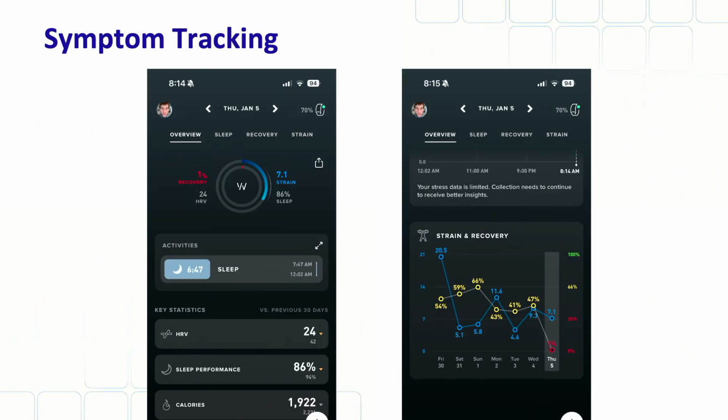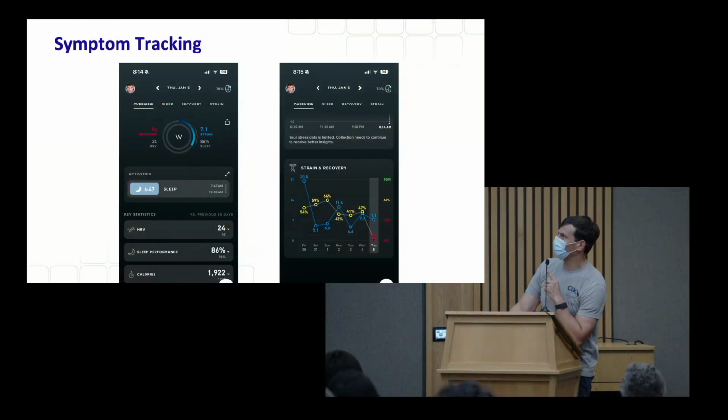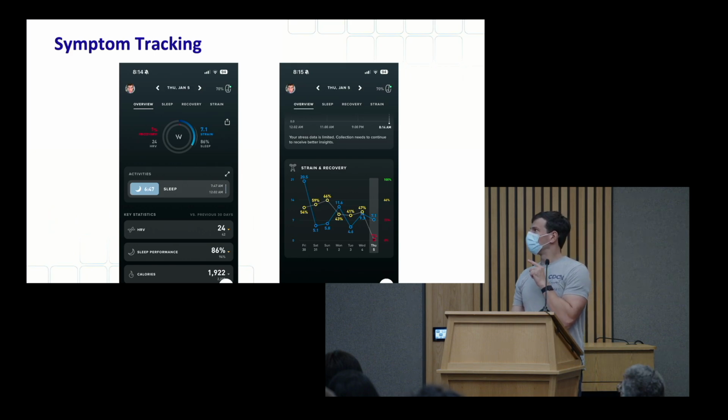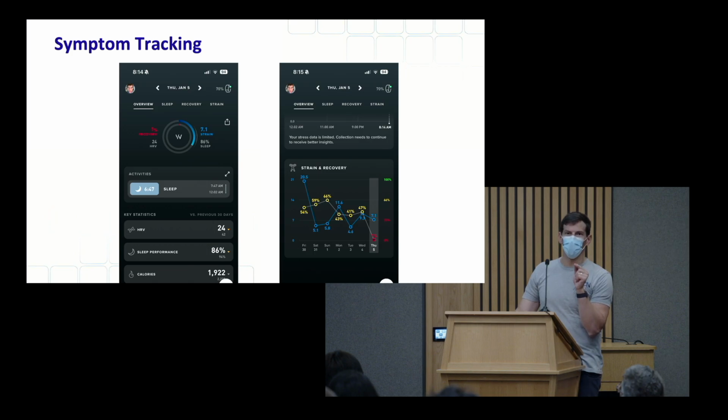And then I talked earlier about my Whoop. I love my Whoop. I'm going to share another story about my Whoop. So I got it a couple years ago, and the picture on the left is my result from January 5th, about a year and a half ago. You get a score from 1 to 100 every day when you wake up. It tells you your general state of health. And I woke up and it gave me a 1%, which is really bad.